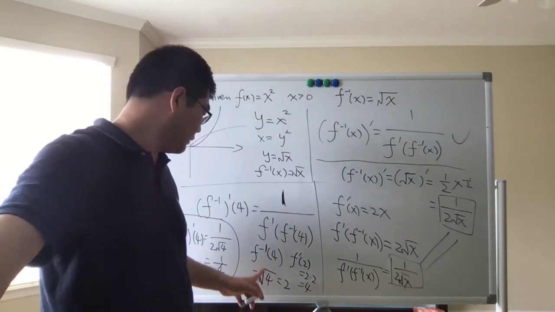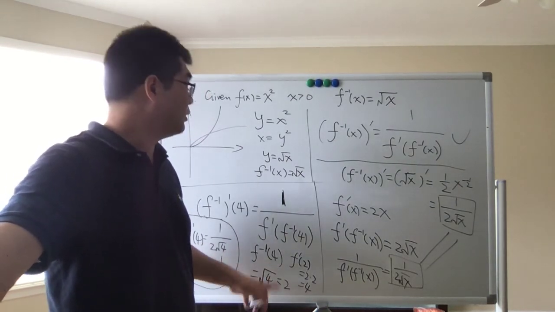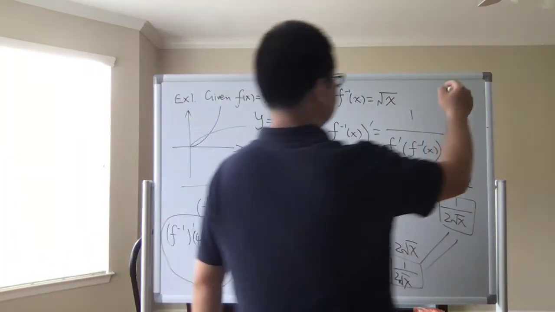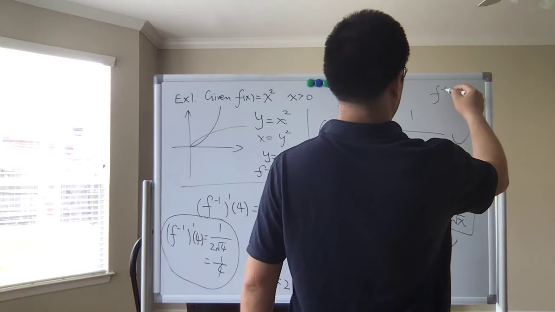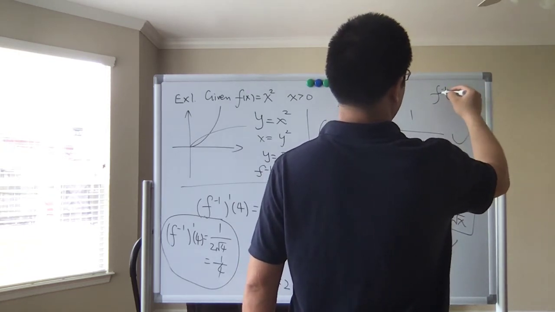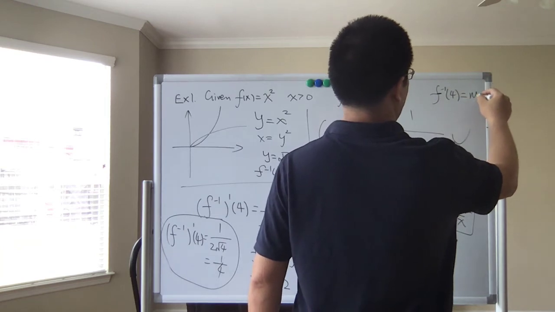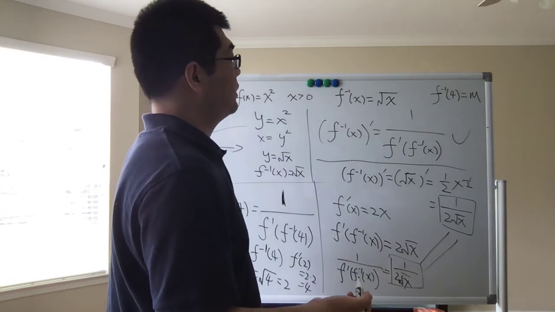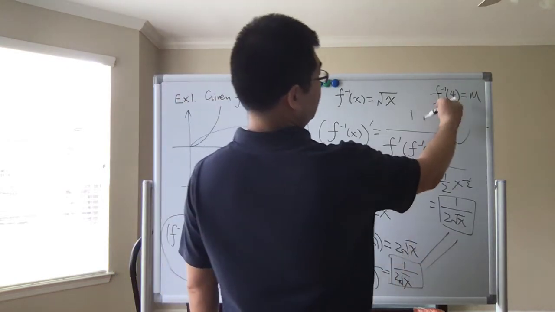Then how do I figure out f inverse of 4? Suppose f inverse of 4 equals m.